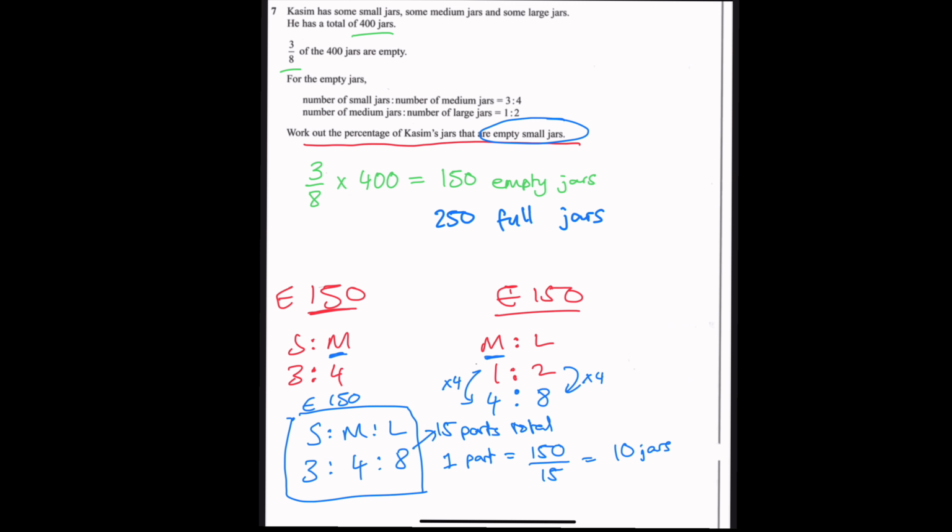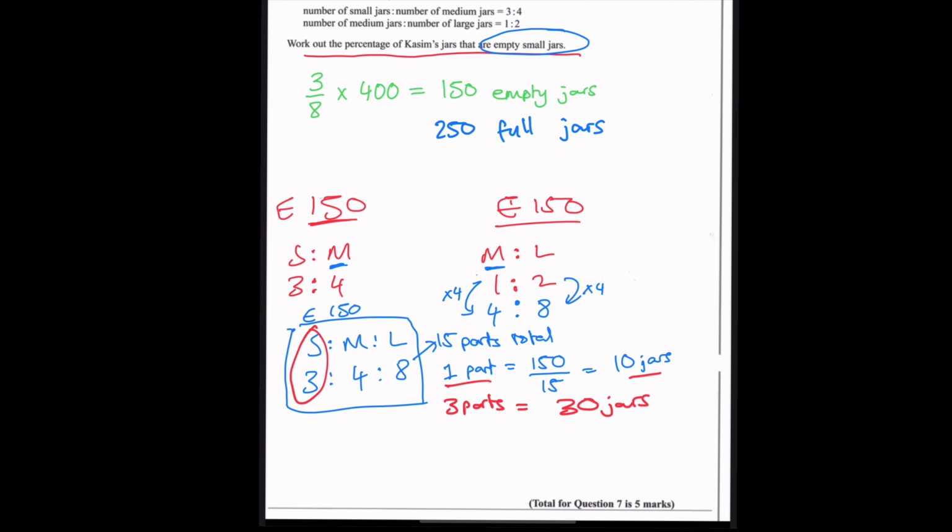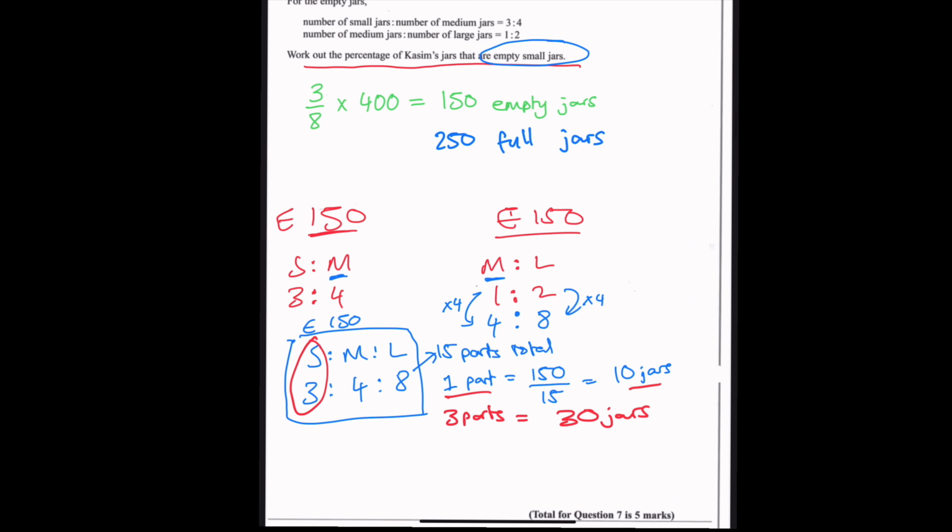Okay, and small accounts for 3 parts. So if 1 part is 10 jars, 3 parts equals 30 jars. Okay, so I have 30 small jars total.